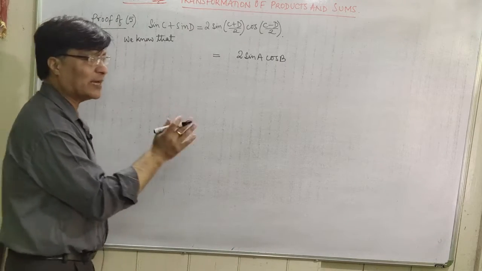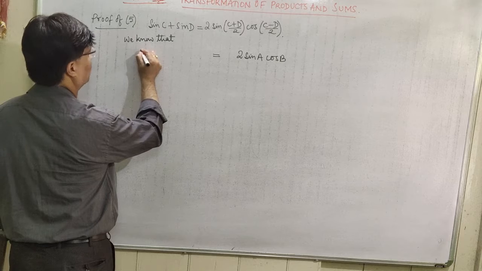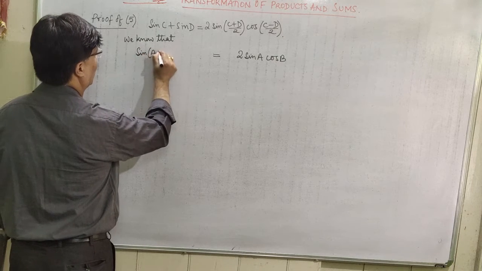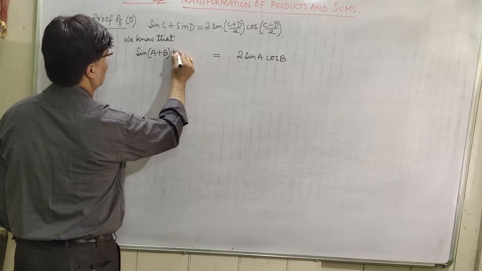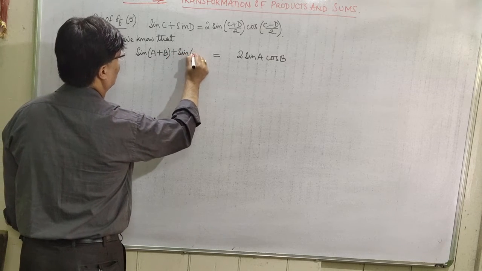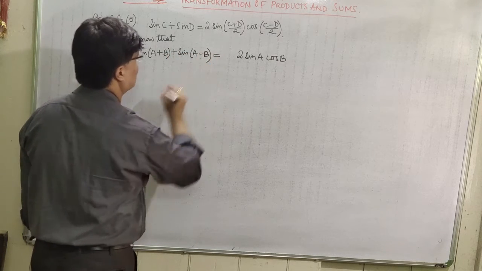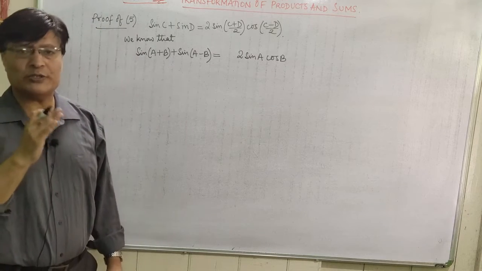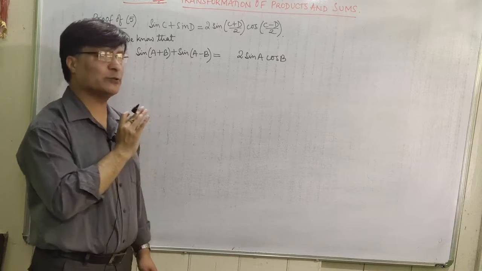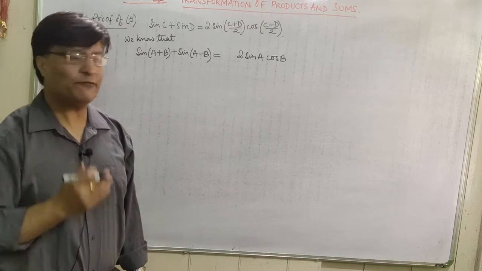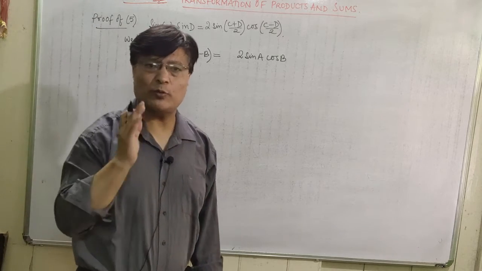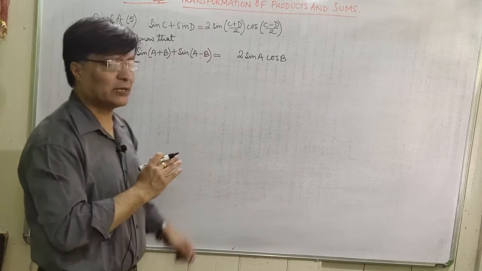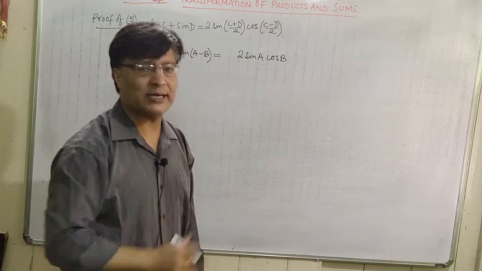So it is 2 sin A cos B is equal to sin of (A plus B) plus sin of (A minus B), isn't it? So in that formula, 2 sin A cos B was written on the left hand side, and this sin of (A plus B) plus sin of (A minus B) was written on the right hand side.